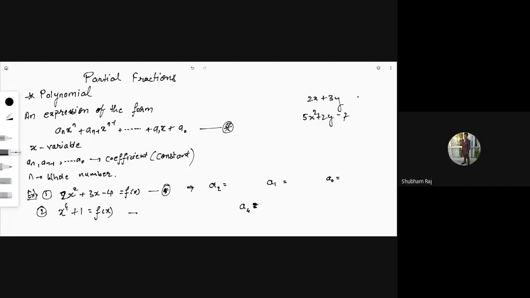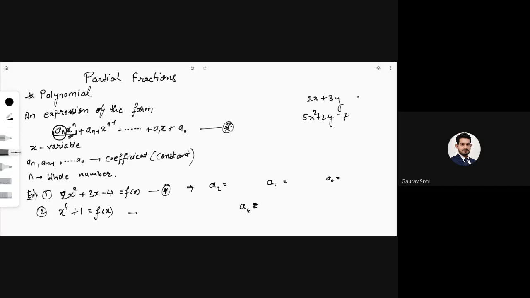A1 is 3x? That's what you want to say? Look, there is a difference. When you're trying to understand this expression, a_n x raised to n, what is a_n? It is a number which is associated with x raised to n, right?